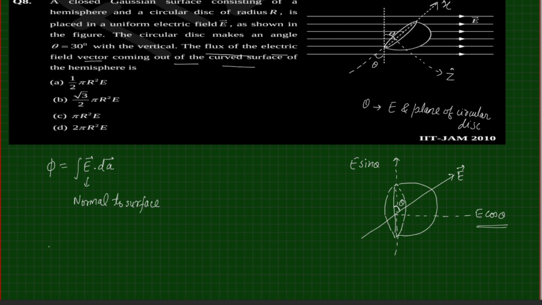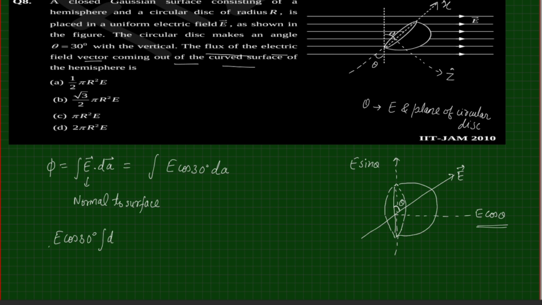Further, one thing we should know here: flux through the circular disk will be equal to flux through the curved area. So we will calculate flux through this circular disk, and automatically flux through the curved area will be calculated. So put the value of E, that is E cos 30 degree, and dA. E cos 30 we can take outside because it is constant.